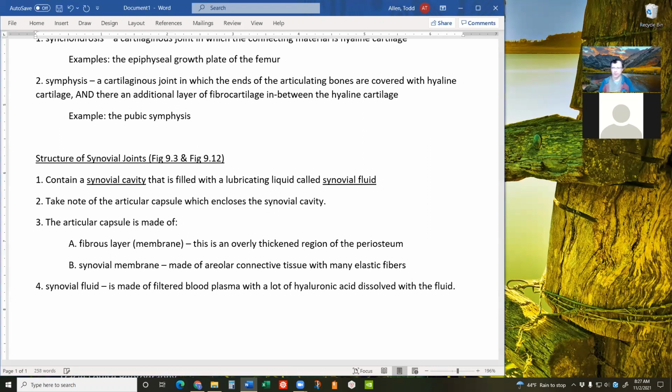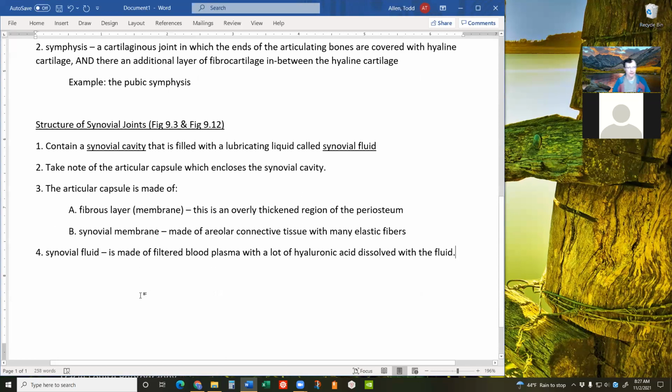Okay, that's what it's made of. And so these features together, the presence of the hyaluronic acid with the filtered blood plasma, actually provide those lubricating features we need in a joint like the shoulder. Okay. All right.